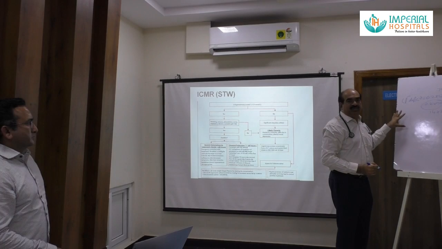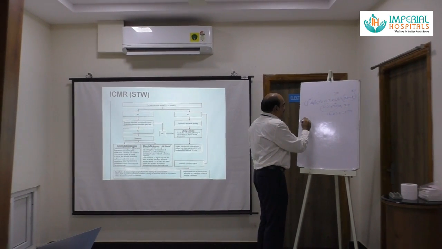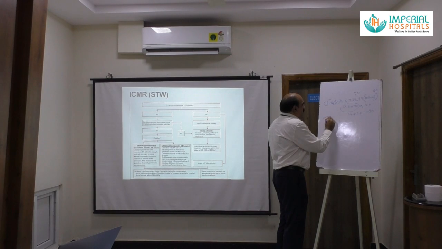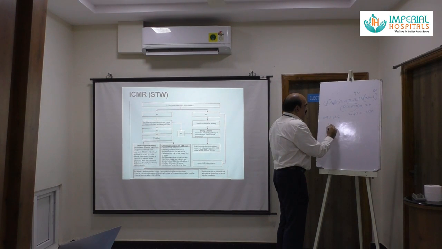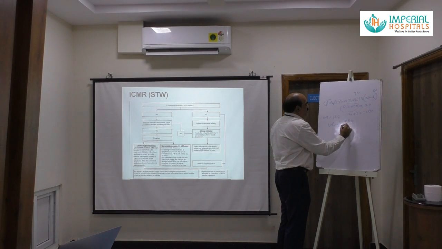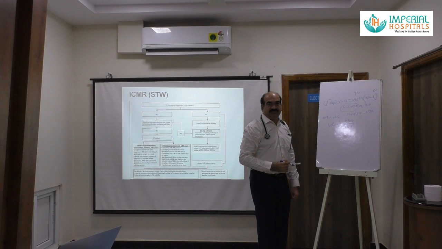Then how will you plan for replacement volume with normal saline? The 0.9% normal saline. How much volume? That is 280 by 154.